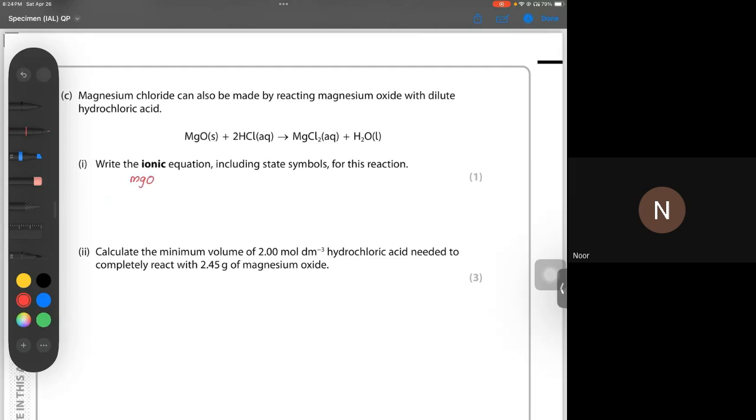It remains the same, it's solid. I have to break this one down because this is aqueous. Again, I have to break it down. Then you have to cancel it out.